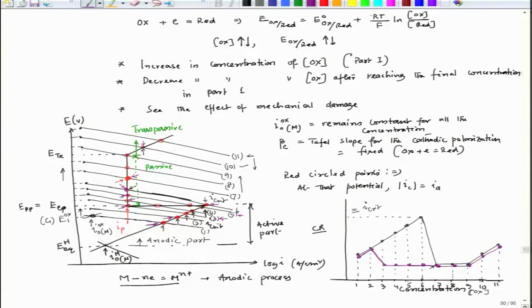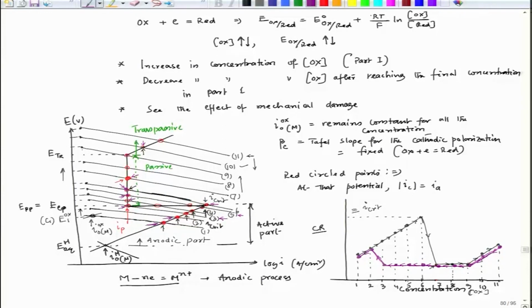The plot nature would be like this. In the forward scan, when we increase the concentration, the movement would be like this, and in the reverse scan, when we change the concentration after reaching C11, the plot pattern would be like this.